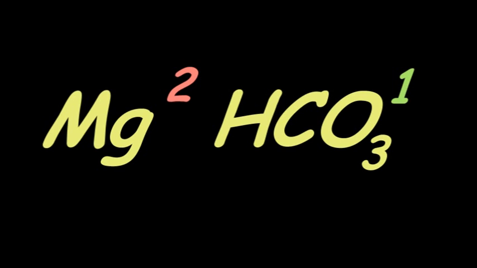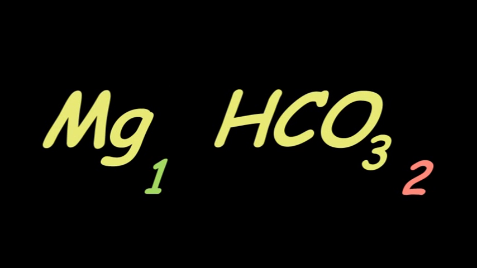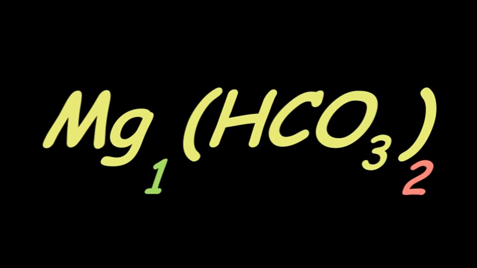Step 2. We cannot cancel. Step 3. Cross the numbers over. And step 4. The radical is bracketed because a 2 is brought down. To conclude, we rub out the 1 as working.